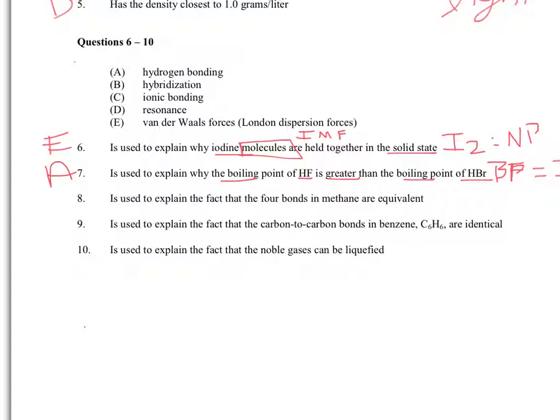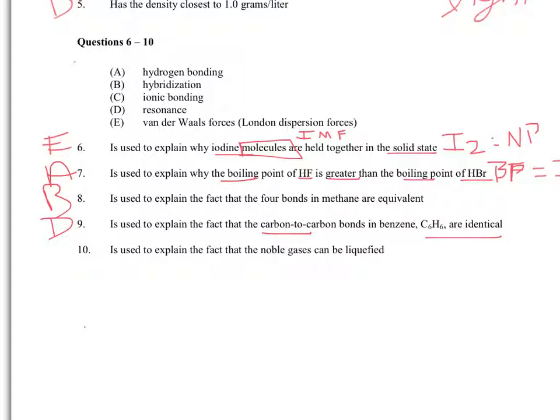It's the same molecule, different structure. So hybridization is to explain why they're equivalent. Okay. So it's B. 9 is used to explain that the carbon-to-carbon bonds in benzene are identical. That is D, resonance. Same structure, different shapes.